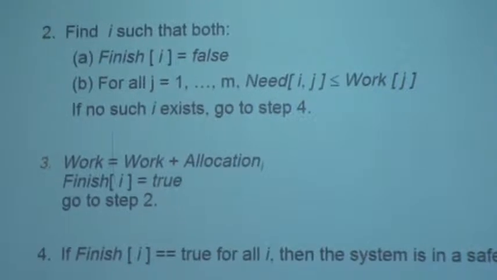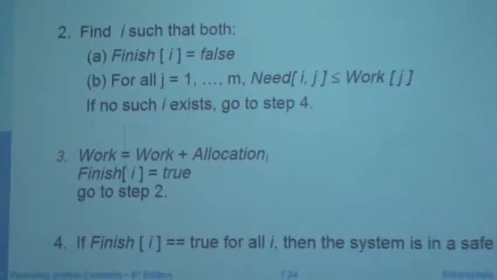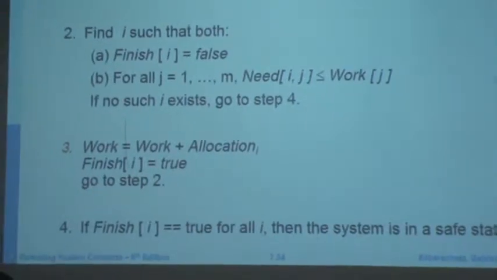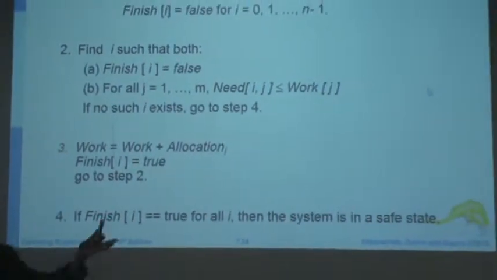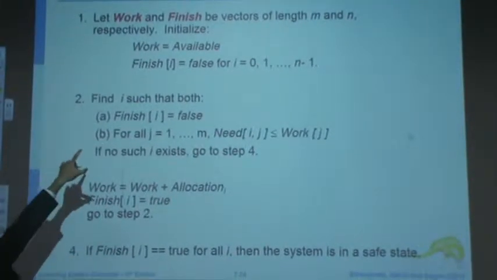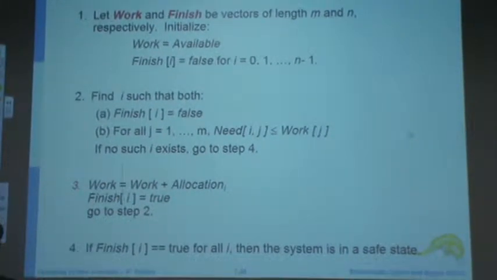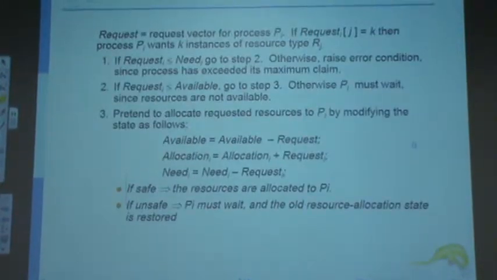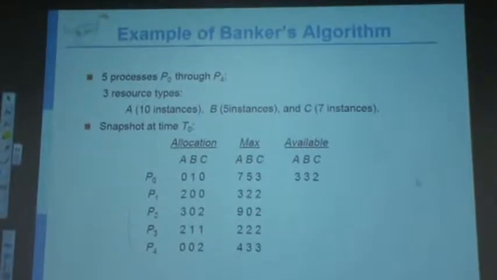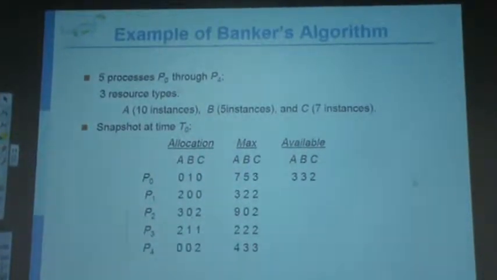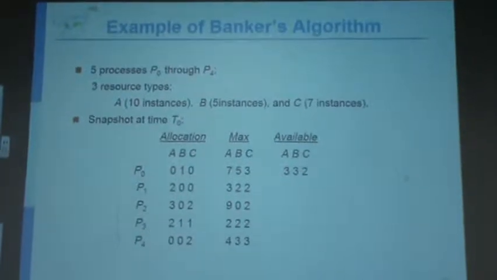Then the Work becomes Work plus Allocation, because the allocated resources are added back when it finishes and returns them to the available, until all are completed and terminated. That's the idea. So why don't we use this example to understand such an interesting algorithm?